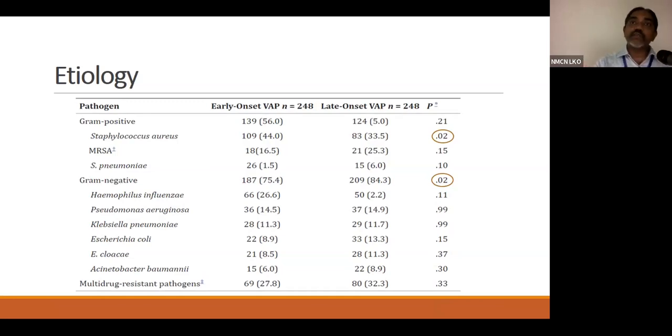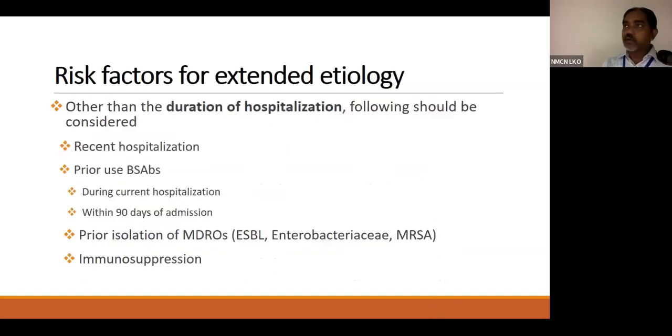So any patient who has early onset VAP, especially after a percutaneous intervention procedure, should be covered for MRSA empirically, and for definitive therapy, investigations should be sent. So that is how we came to the conclusion that these antibiotics should have been started.